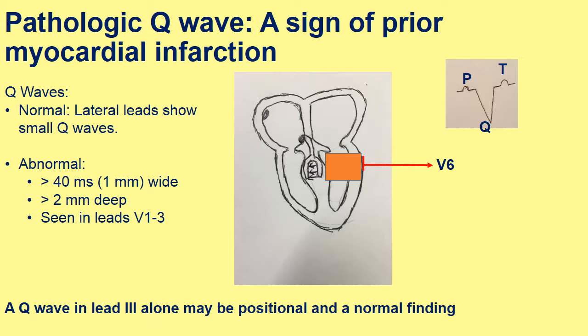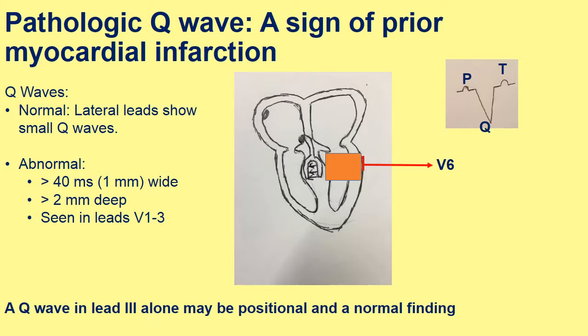Okay. Now, when is a Q wave abnormal? If the Q wave is more than 1 small square wide, then it's abnormal, regardless of the lead. Or if it's more than 2 millimeters deep, so 2 small squares, then that's abnormal.